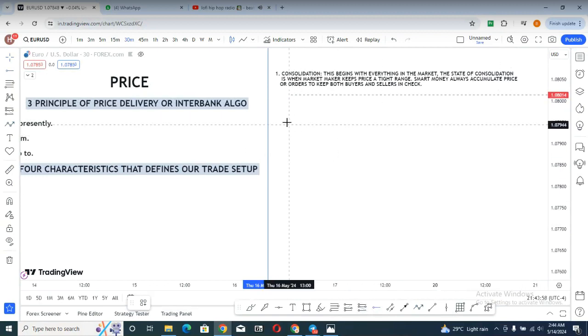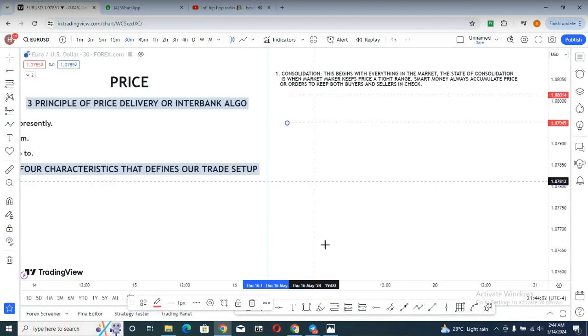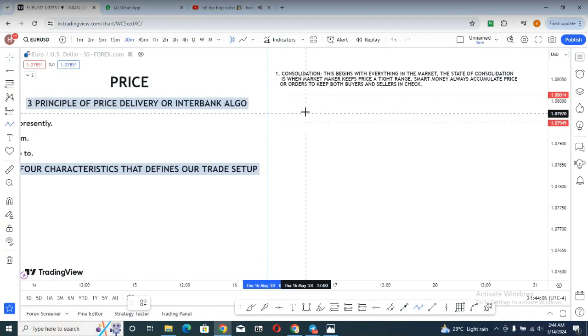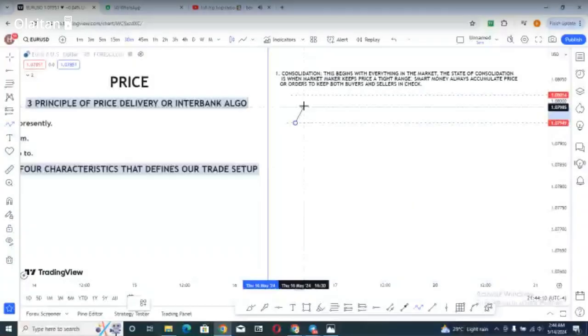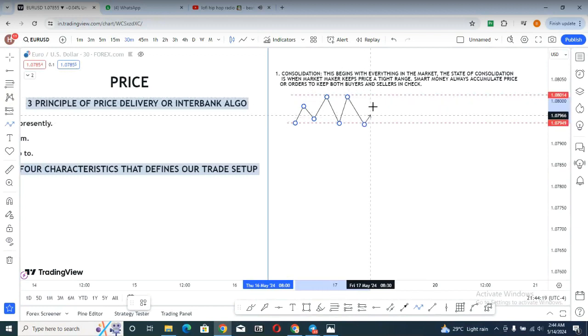You can see neither a buyer nor a seller. This is the stage of an accumulation phase, where price finds it difficult to break through a particular range, which creates an equilibrium. It doesn't break. It just keeps going in a particular range.